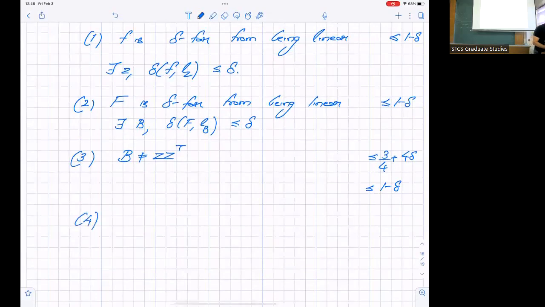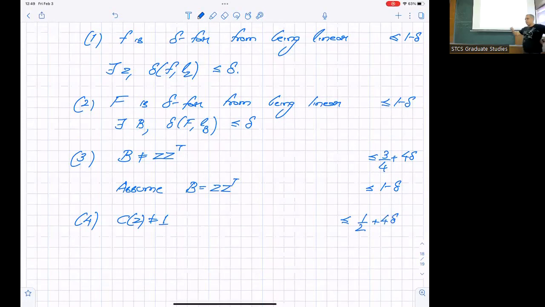Now we can assume B is equal to ZZ transpose. Now if C of Z is not equal to 1, then the circuit test will catch it. The acceptance probability will be half plus 4 delta, because you are querying 4 points, and the points could have been the erroneous points.